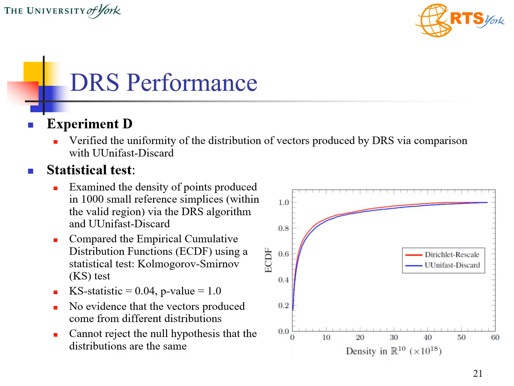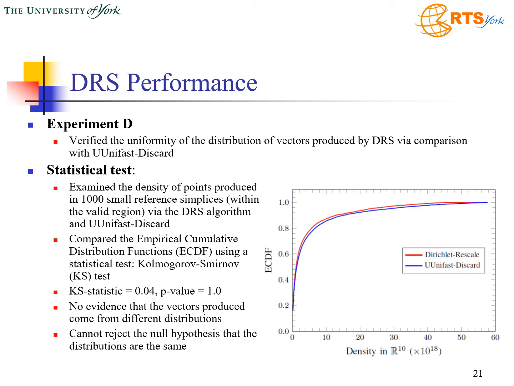In the fourth experiment, we verified the uniformity of the distribution of vectors produced by DRS by comparison with UUnifast-discard. So what we did here was to examine the density of points produced within 1,000 small reference simplices within the valid region by DRS and by UUnifast-discard.